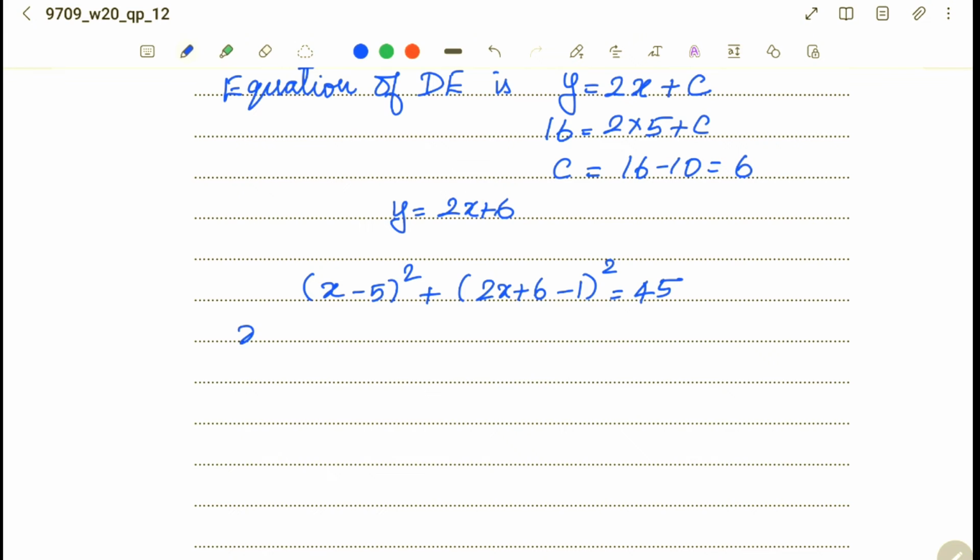So expand this one, we get x square minus 10x plus 25 plus 4x square plus 2 multiplied by 5 multiplied by 2, so 20x, plus 25 minus 45 equal to 0. So 5x square plus 10x plus 26 minus 45.